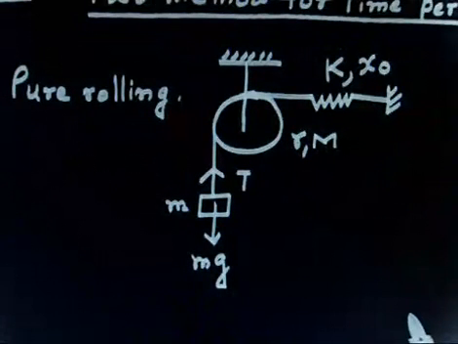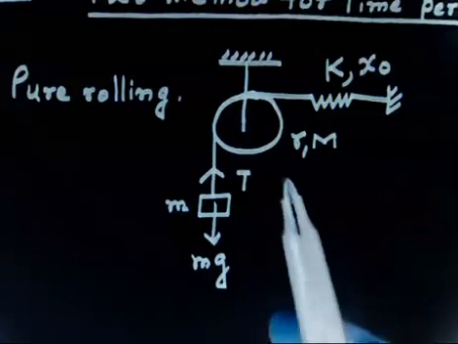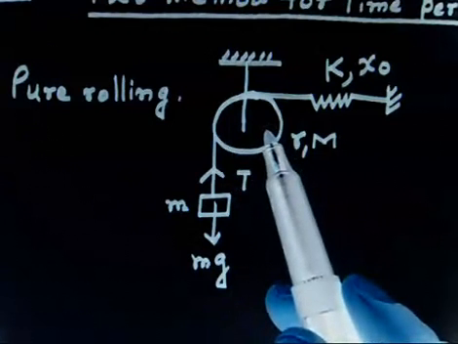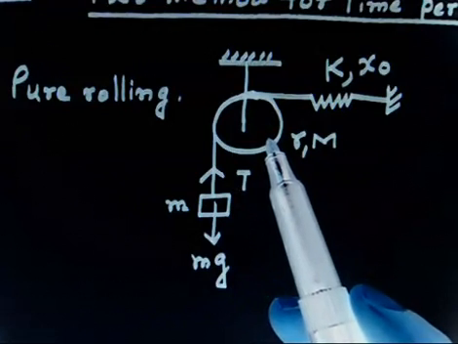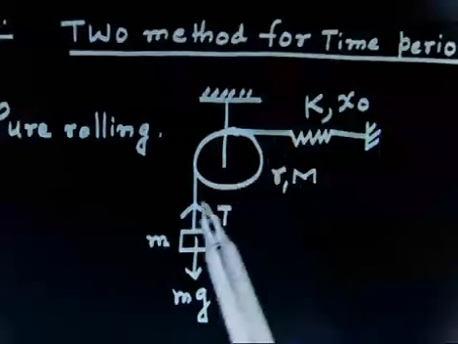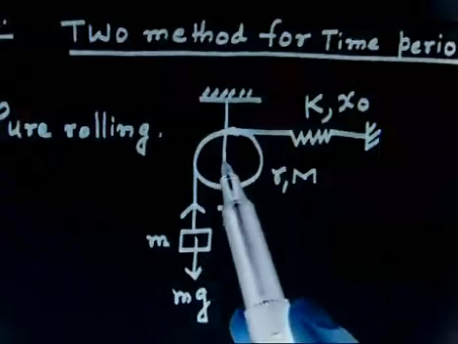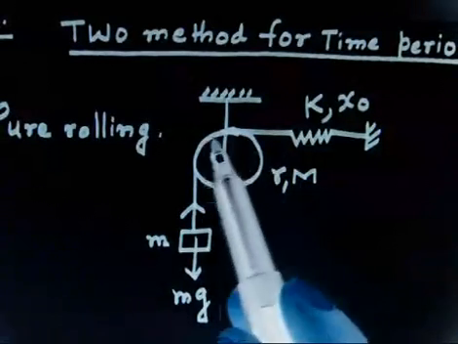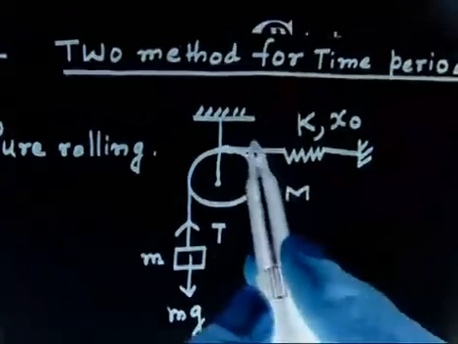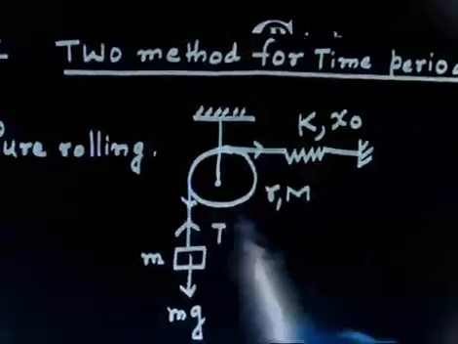If I write the equilibrium condition, this disc has mass. So tension on this side and tension on this side will be equal initially because the system is static. If it is moving, the tension on this side and on this side will not be equal.